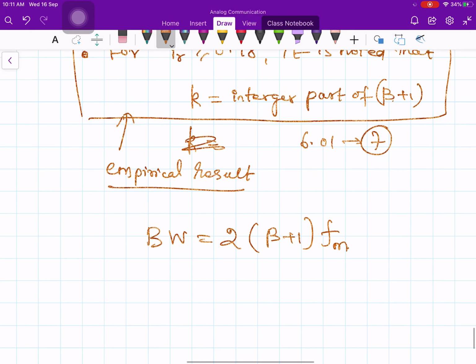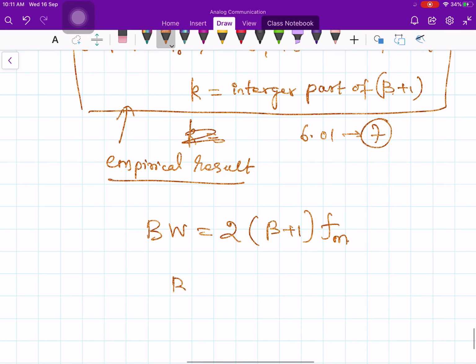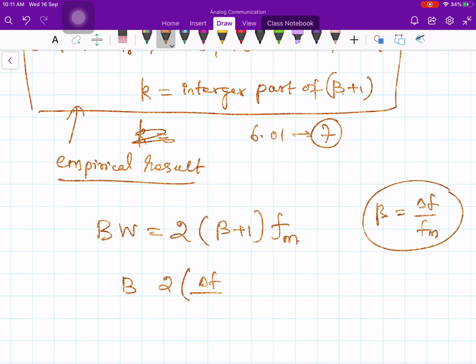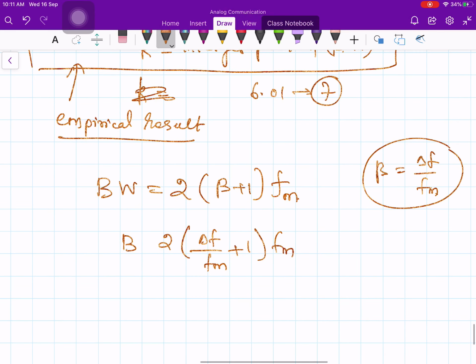So therefore bandwidth is equal to, if you multiply 2 inside, because what is your beta? Beta is equal to delta F by Fm. So recall this definition from the previous lecture. Beta plus 1 into Fm. So 2 times delta F plus Fm.